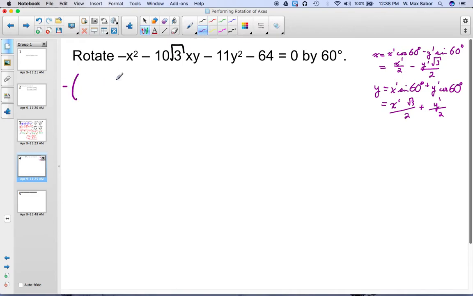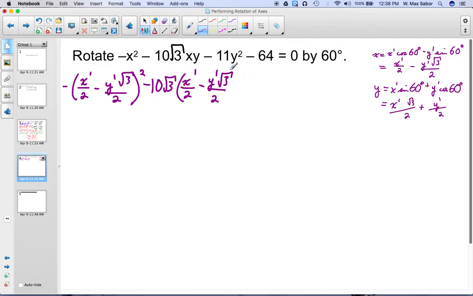So x is x prime over 2 minus y prime square root of 3 over 2. X was the same thing. Y we now need to substitute in.